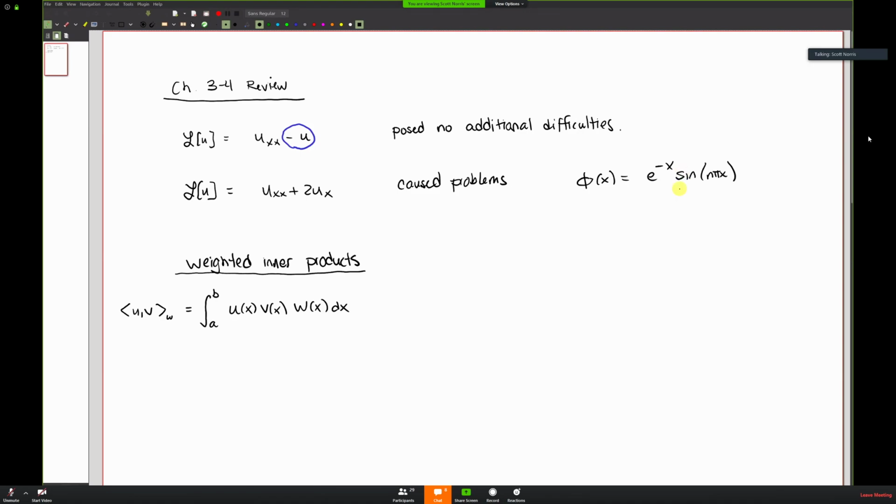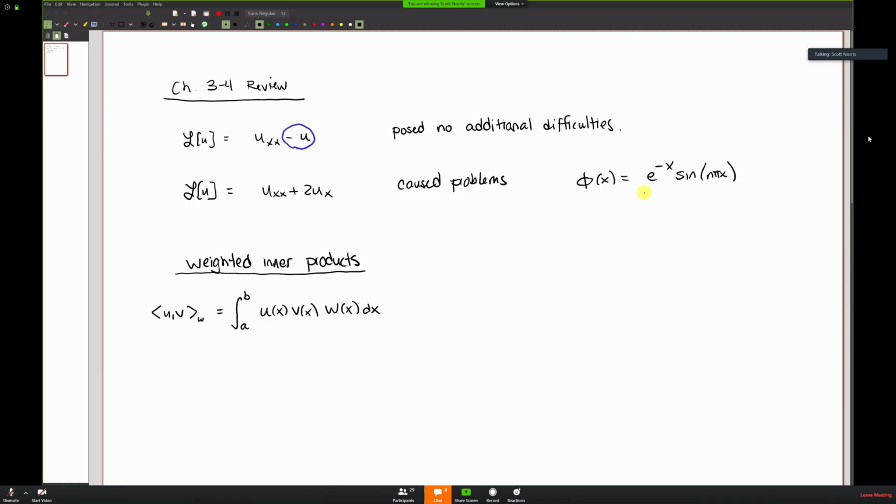And it was these exponentials that caused the problem. And we said, what if we allowed ourselves to have a weight function, and if I multiply these two eigenfunctions times each other, then I have an e to the minus 2x. And that e to the minus 2x is the reason that we didn't get orthogonality. So what if my weight function was e to the 2x, right?